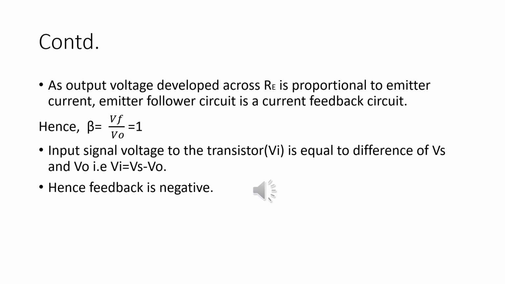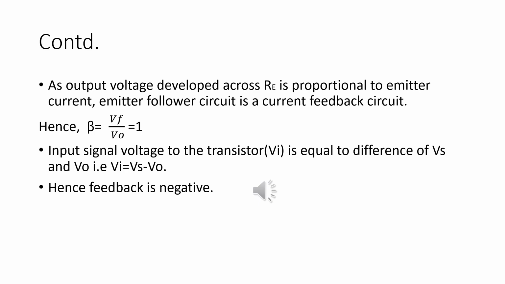As we had already told, the emitter follower circuit is basically a current feedback circuit. Why? Because the output voltage developed across the emitter resistance RE will be proportional to the emitter current. Hence, beta will be equal to the ratio of Vf and Vo, and it will be equal to 1.